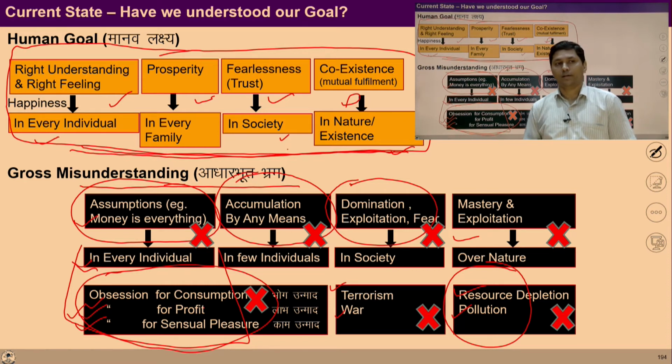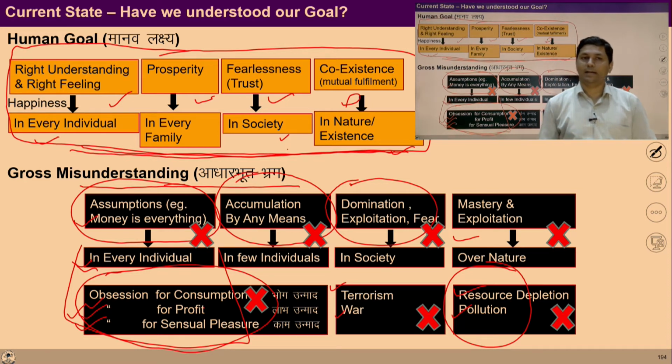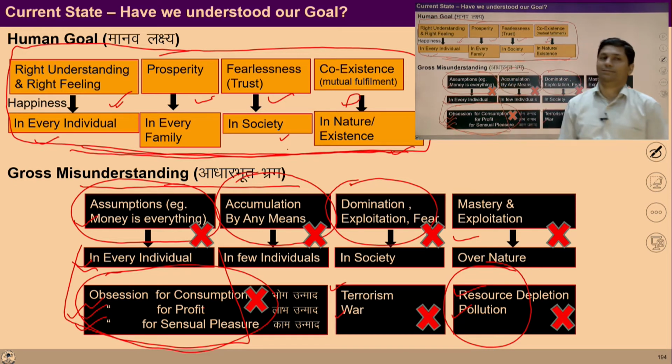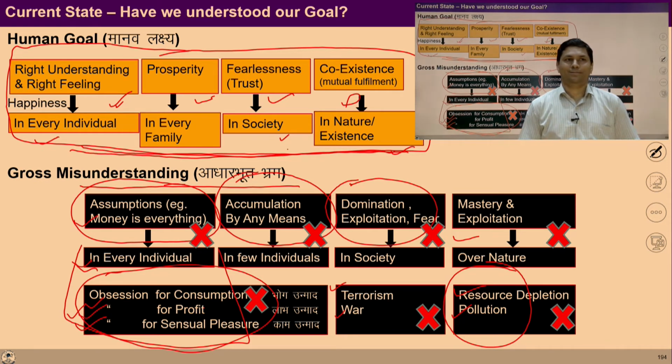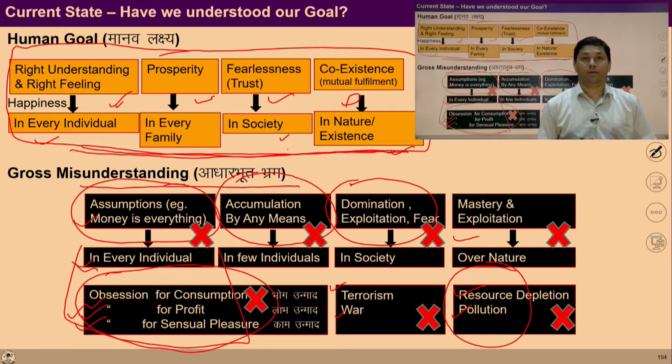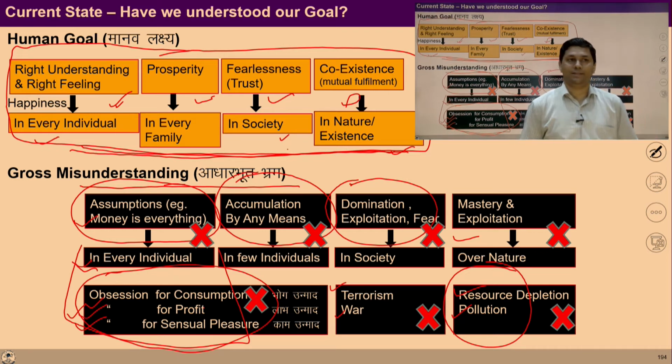Thus, to work for ensuring the right understanding, right feeling in an individual is a fundamental step for transition. If we see most of the problems in our society today, like the problem of war, the problem of terrorism, it is because of the lack of relationship.